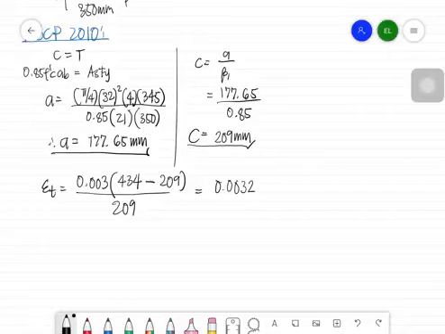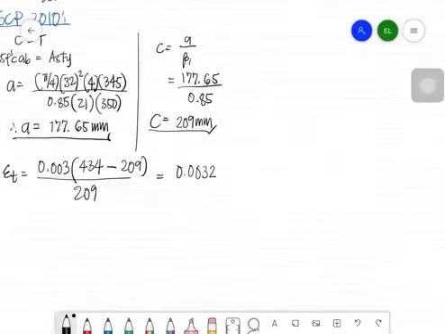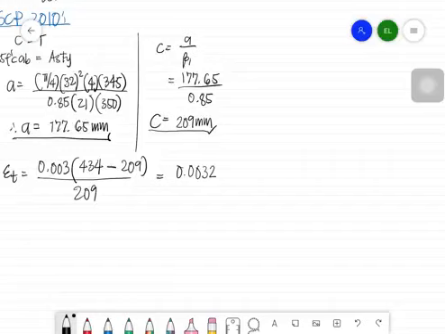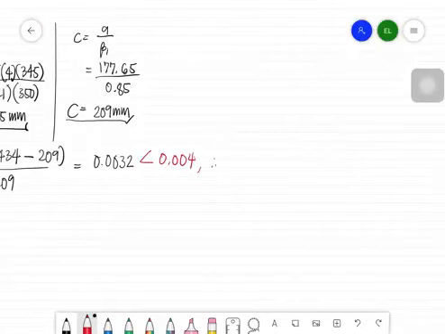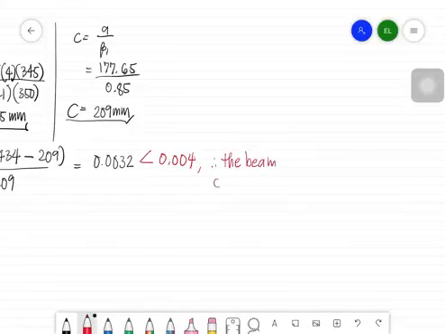Again, we should know if it passes the ductility requirement. I think this is less than 0.004. Therefore, the beam can't be used.